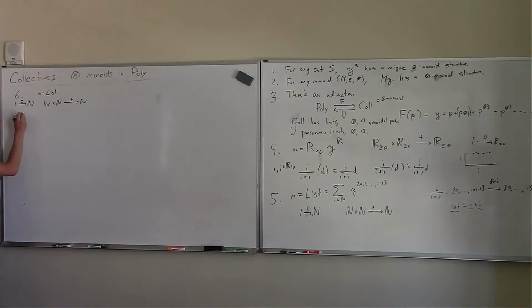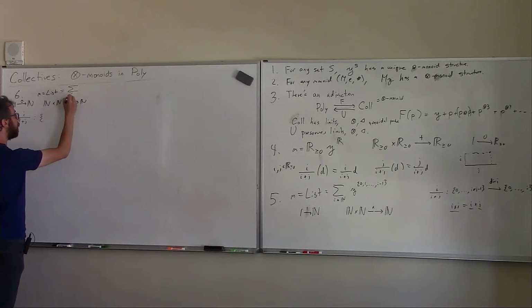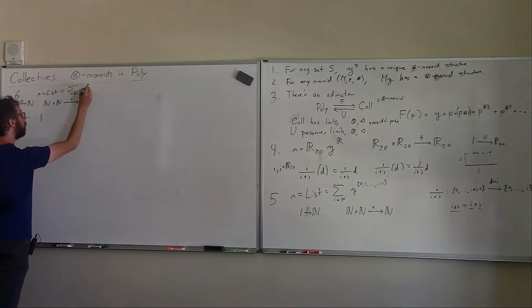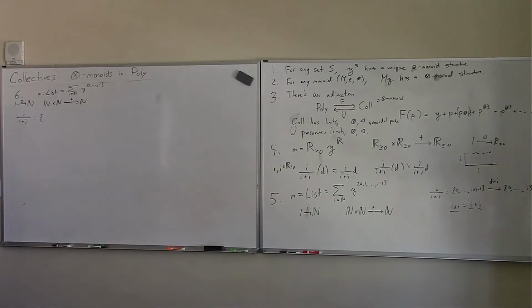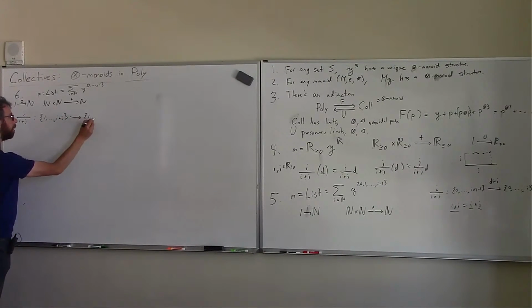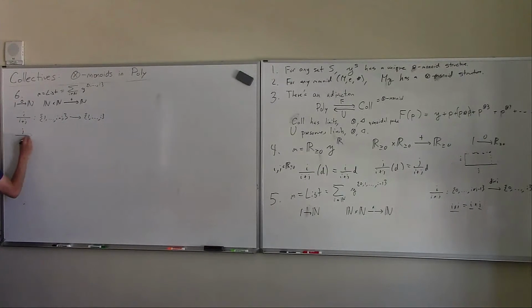And so what I need to tell you is what I over I plus j should be as a map from, well, I'd prefer, if it's okay, to think of list this time as the sum of I in the naturals of y to the 1 through I. It doesn't make much difference, it just makes the formula a tiny bit prettier. So what I need is a map from 1 through I plus j to 1 through I. And I need another one, j from 1 to I plus j.